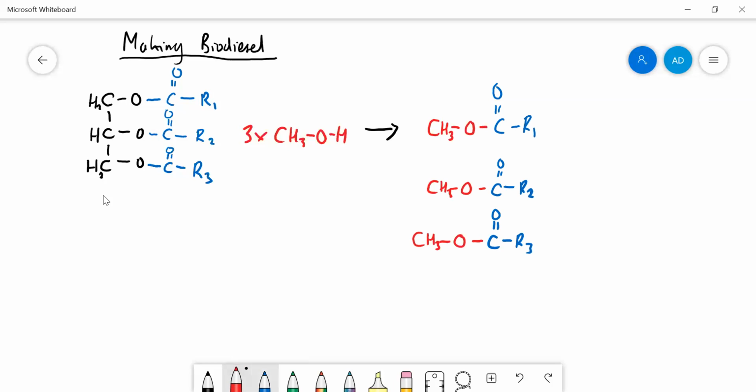And of course, we've got to remember what happens to this bit here. Well, that is going to form propane 1,2,3 triol, or glycerol. So I should draw that. It's going to have the O, and the H's come from the methanol here. So it's now not an ester anymore.